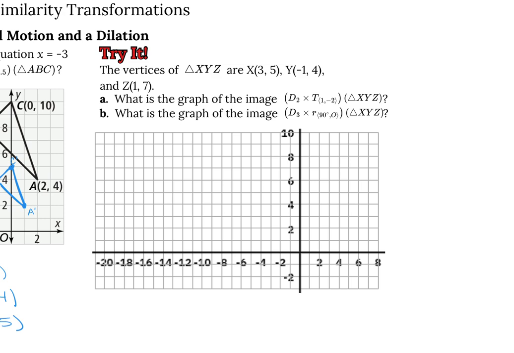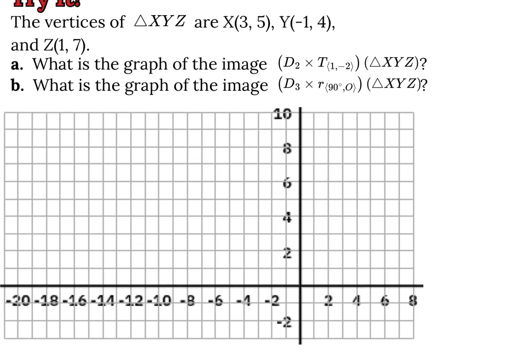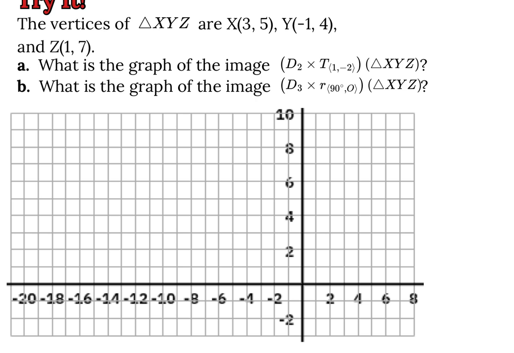I'm going to do that in black. So X is 3, 5. Y is -1, 4. And Z is 1, 7.